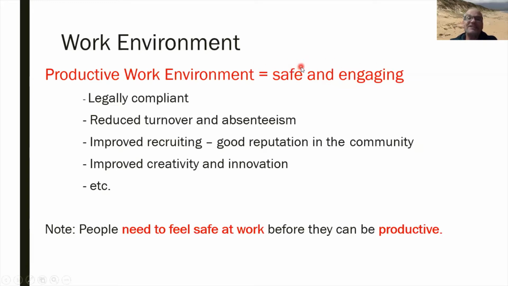Now, the next thing beyond safety is being engaging. So this is sort of like all the other laws we talk about. It's kind of a minimum. But some of the other advantages of a safe environment are legal compliance, so you're not getting fined or even arrested, possibly. Reduced turnover and absenteeism, so it's a good place to work.